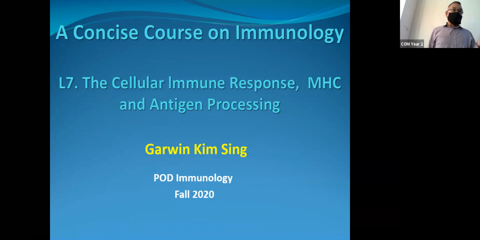Now we'll start off with the T cells, and we'll begin by describing how T cells recognize antigen, because even though they are recognizing the same antigens as antibodies, if we're talking about proteins, there's a difference in what aspects of the antigen are recognized, because T cells need an extra condition compared to antibodies.